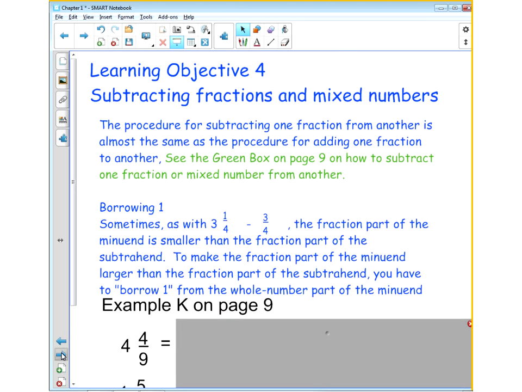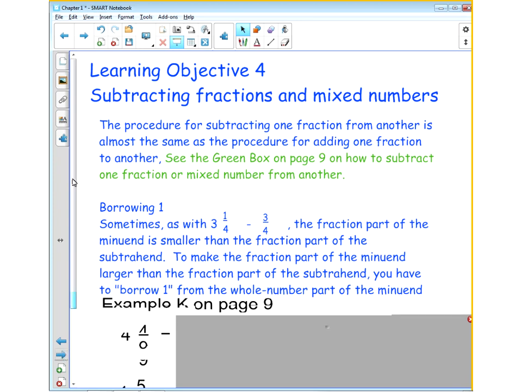All right, learning objective number 4, subtracting fractions and mixed numbers. The procedure for subtracting one fraction from another is almost the same as the procedure for adding one fraction to another. There's a green box on page 9 for subtracting fractions with mixed numbers. All right, borrowing.